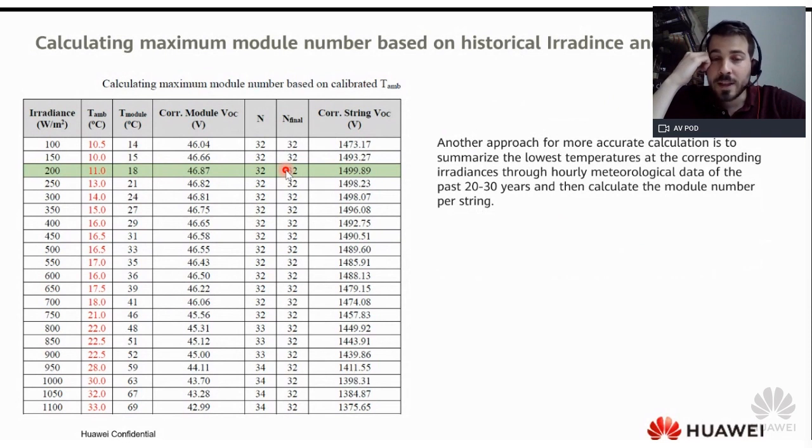This method is actually used in the Far East Asia, in India, for example, and they have been using it for the past 3 years. Based on the simulations and based on the real tests, it seems that this calculation is quite valid and quite close to the real numbers.